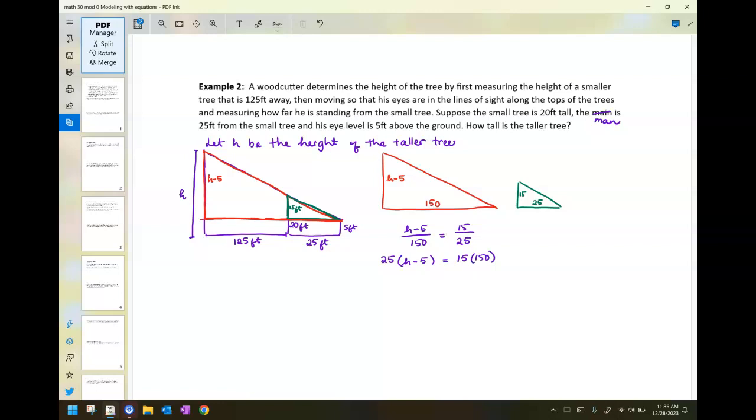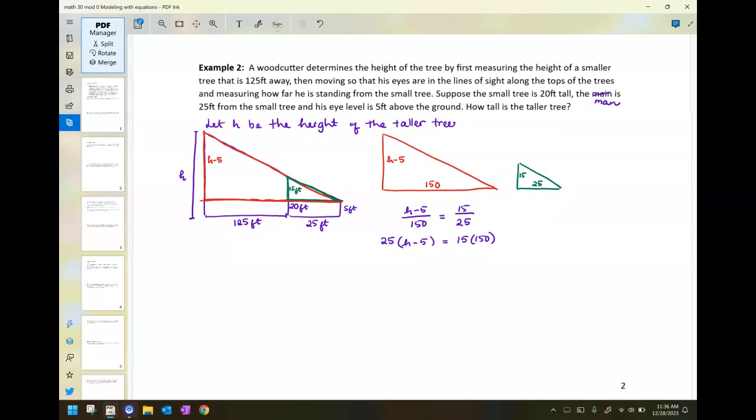I can go ahead and solve this equation for the height of the tree. So 25H minus 125 equals, divide both sides by 25.